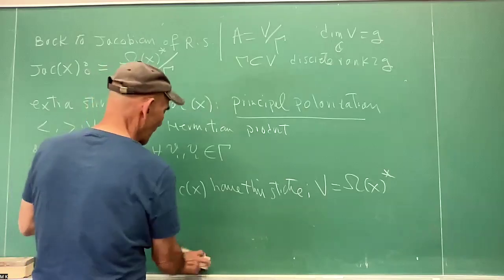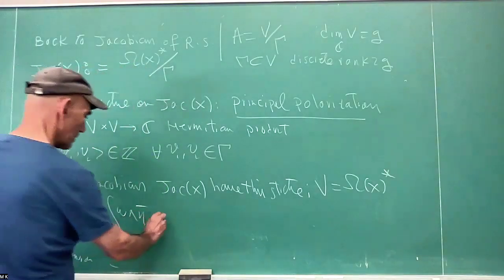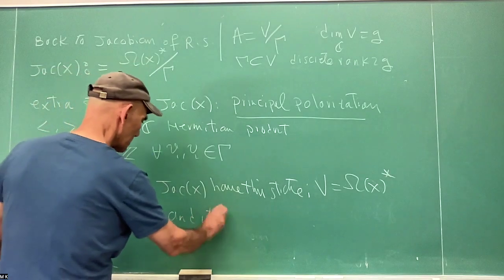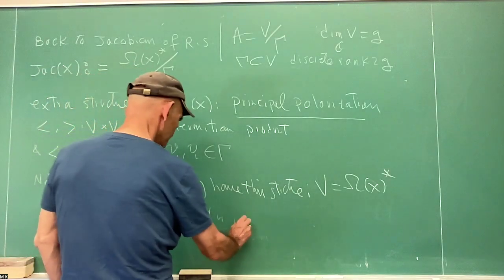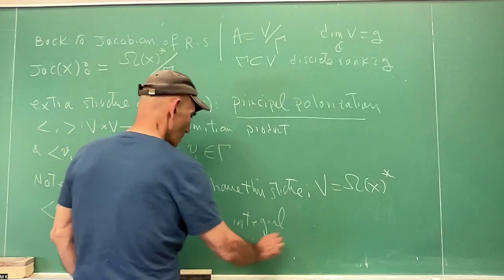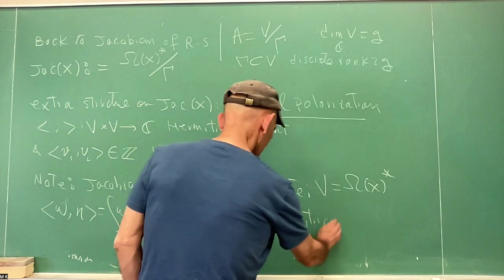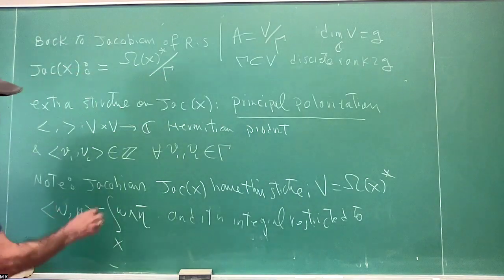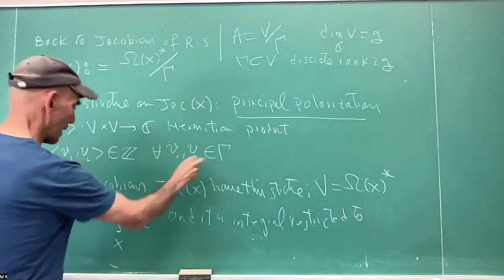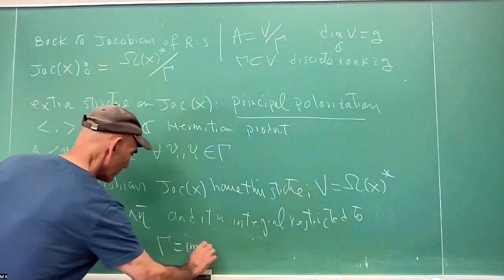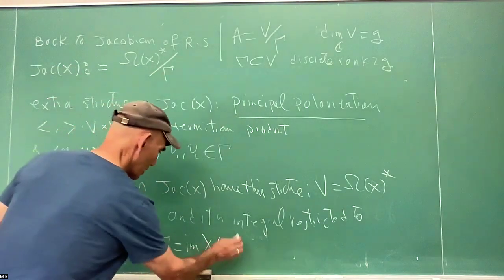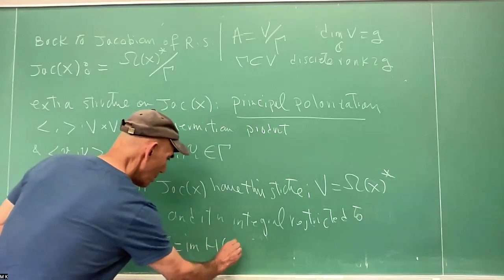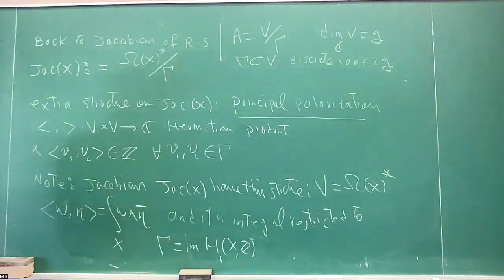Okay, we went a little bit the other direction, but it is integral restricted to Gamma, which is the image of H1 of X, Z. So Jacobians are principally polarized, definitely.